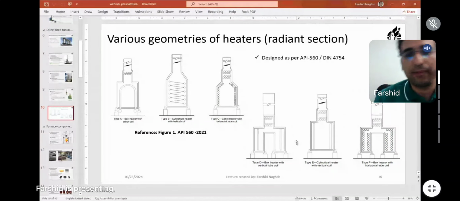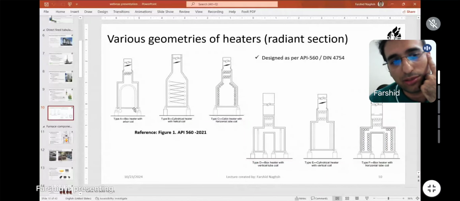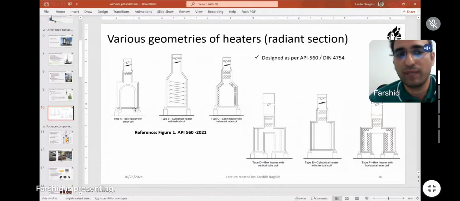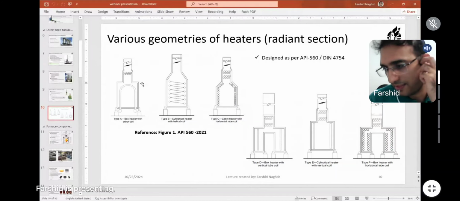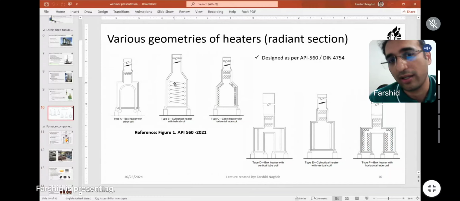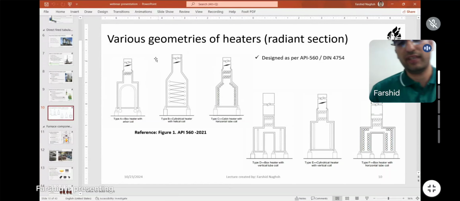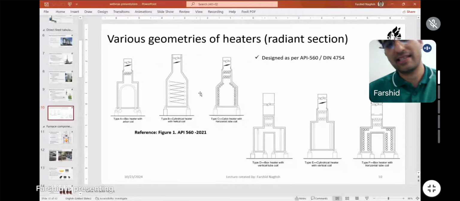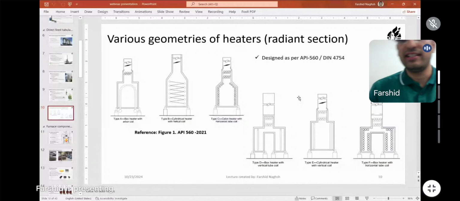For example, for this arbor coil, it is not possible to have 12 megawatts of duty, and for helical heaters, it is not possible to have 20 megawatts of duty, because of the limitations on manufacturing and installation of the heater. So consider these geometries as, by going through A, B, C, D, E, F, the duty normally increases.